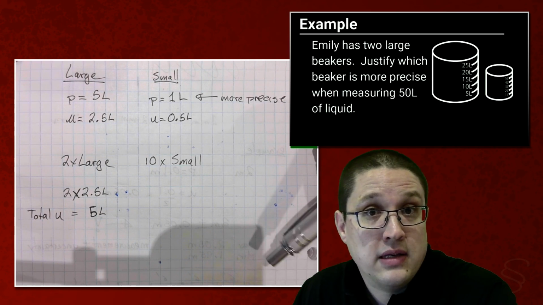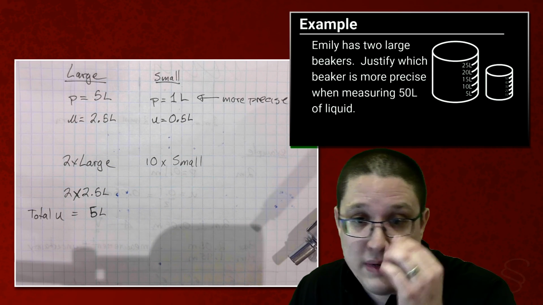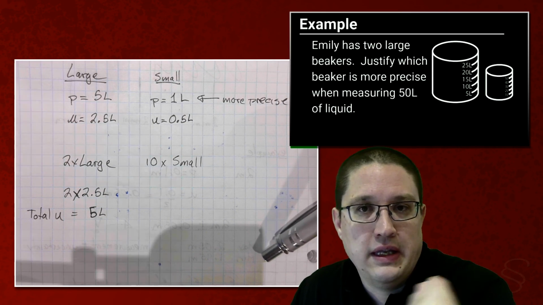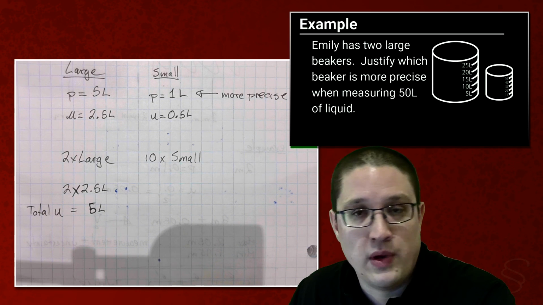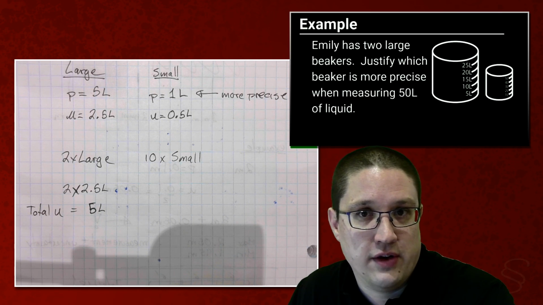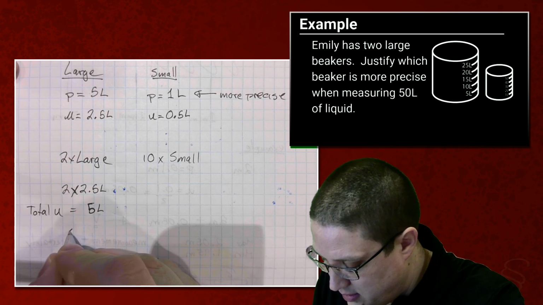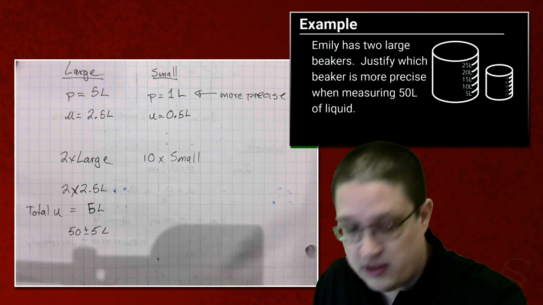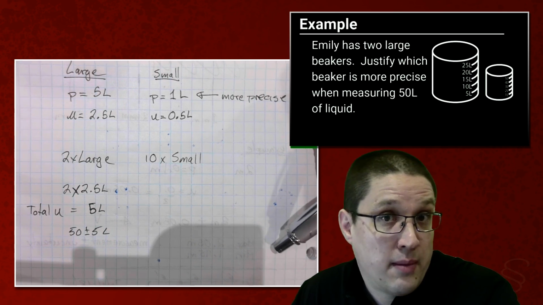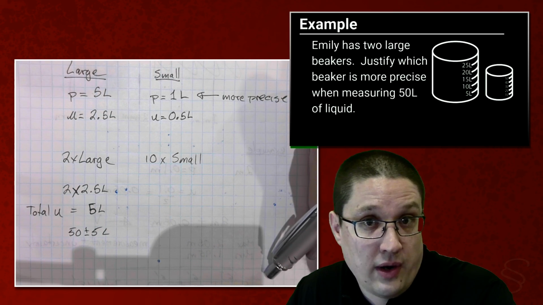I would expect if I used the large beaker to measure 50 liters of liquid, I might end up with somewhere between 45 and 55 liters. So I could write this as 50 plus or minus 5 liters. All right, I might be off by 5 liters either direction.